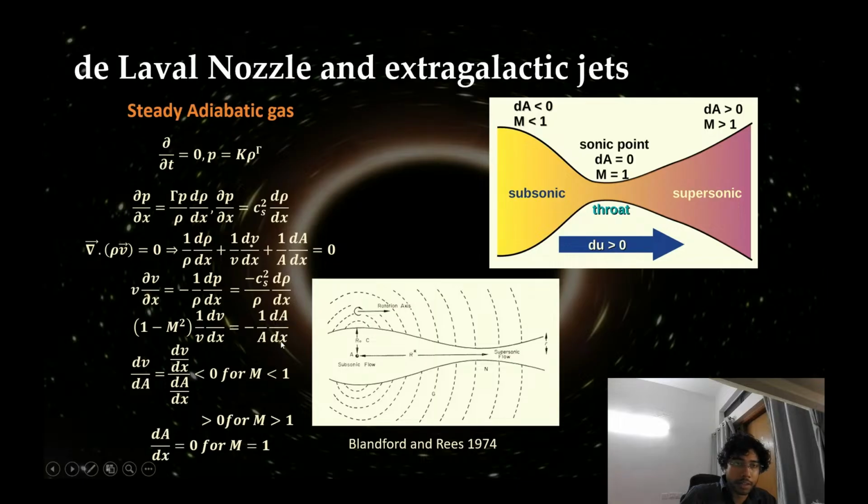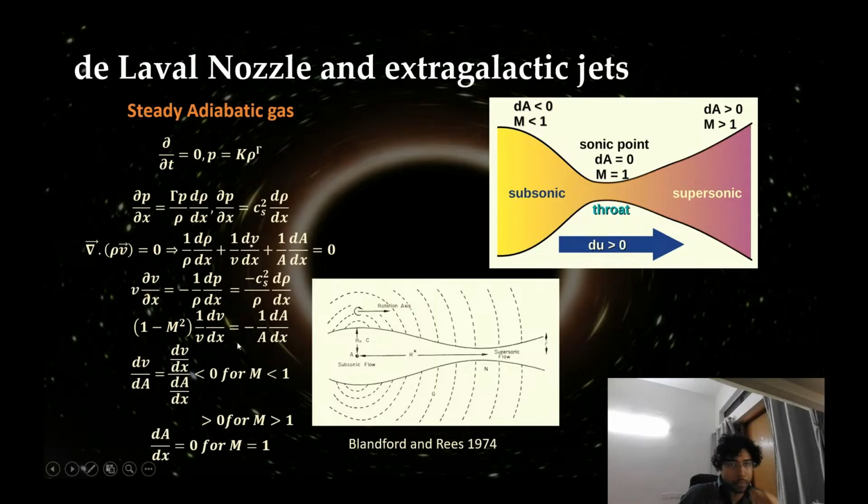So dx could be positive or negative, but A is positive, V is positive, and so what does it say? When M is less than 1, this term is positive. So if this term is positive, that means dv dx and dA dx have to be of opposite signs, right?